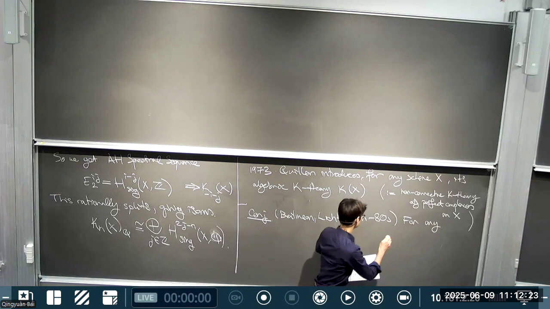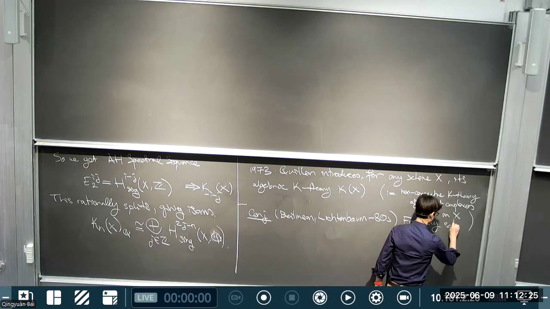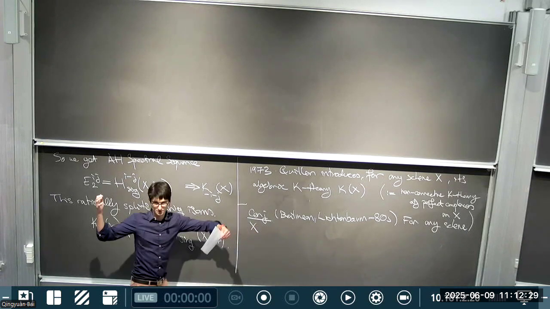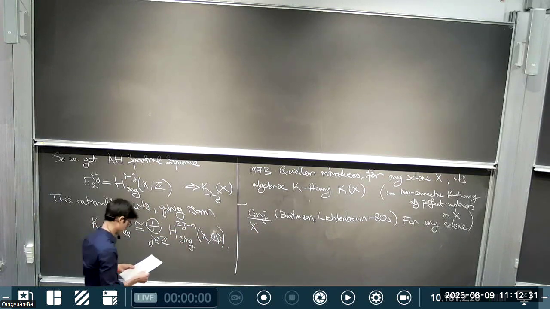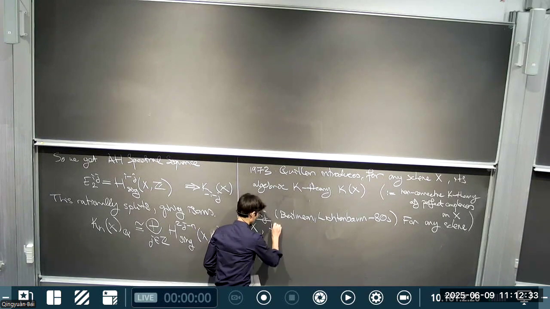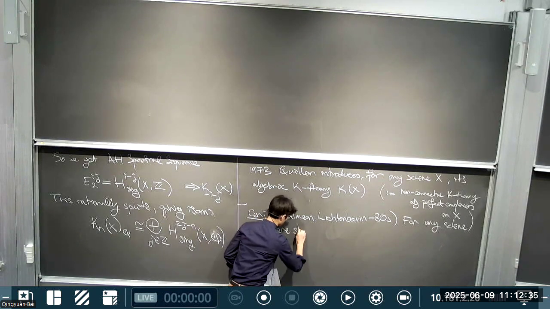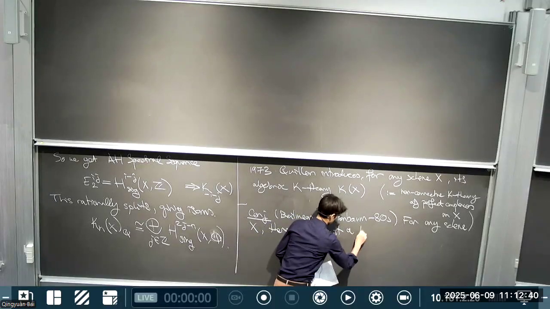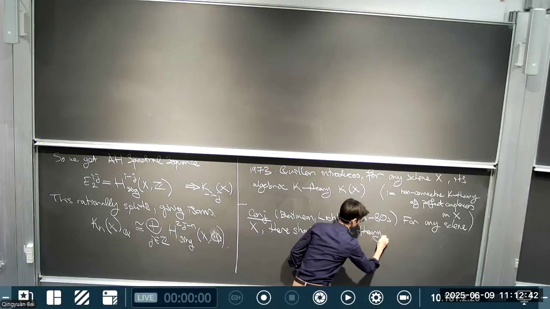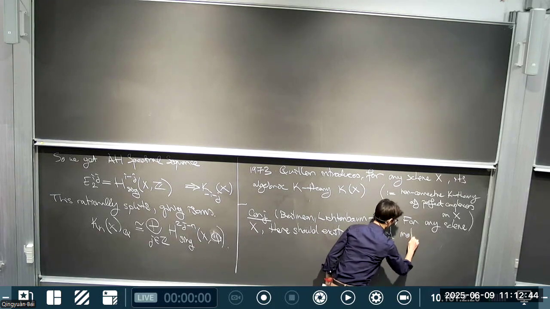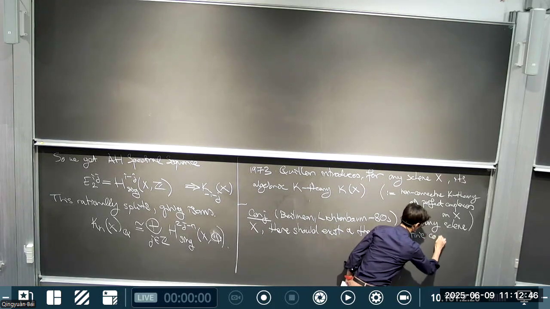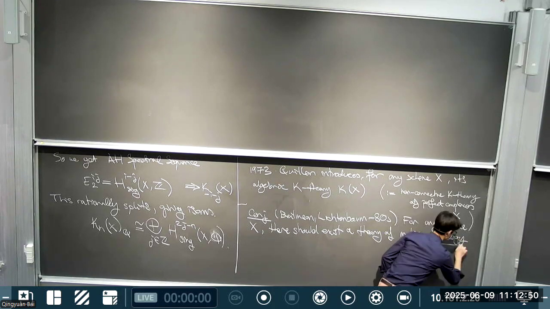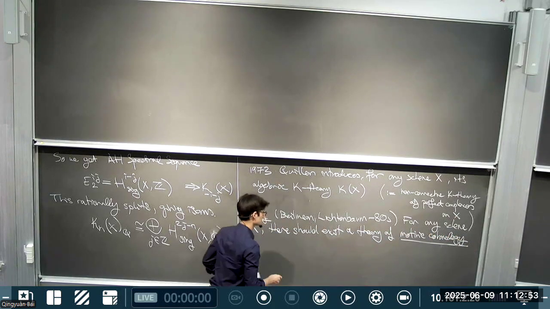Now, taking a little bit informally here, for any scheme X, essentially such a cohomology theory should exist. There should exist a theory of what they christened motivic cohomology, because it should be universal in some sense.